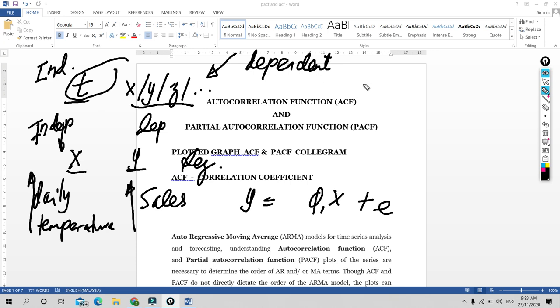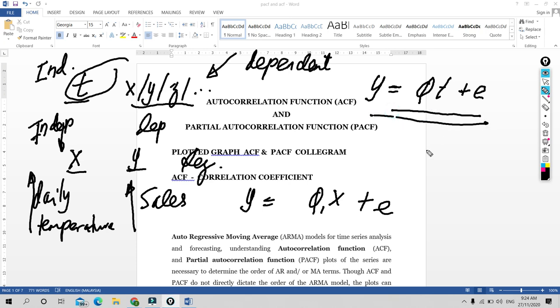So y is equal to β0 plus β1 t plus epsilon. Tetapi kita tak gunakan ordinary ini. We do not use the ordinary.